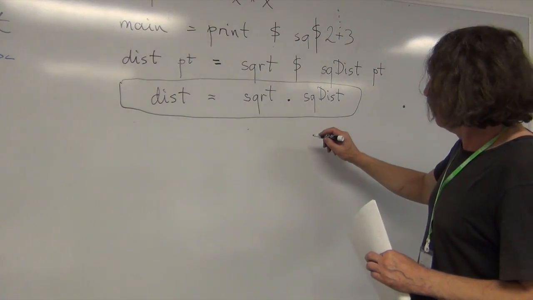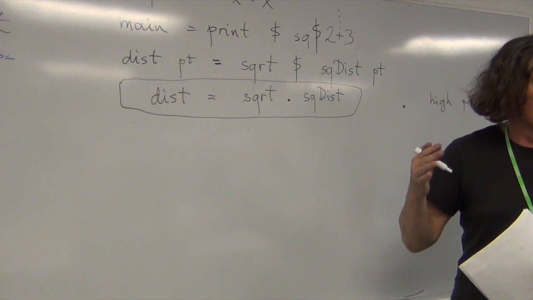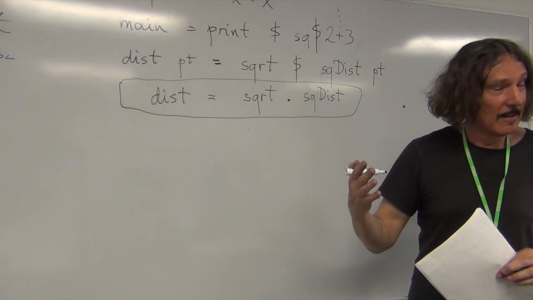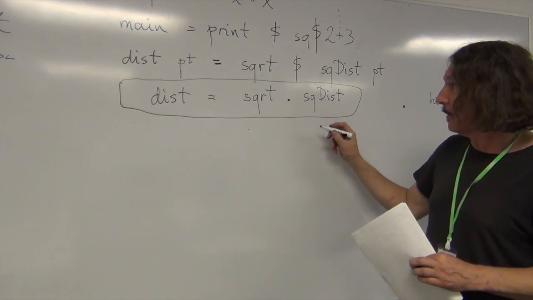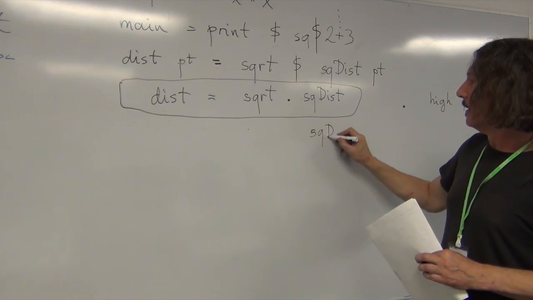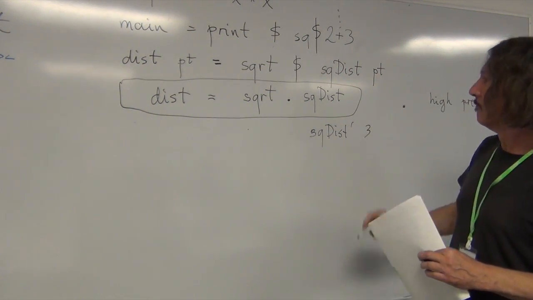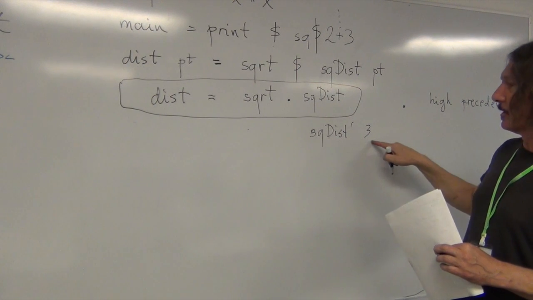Okay. The opposite. Well, but what's the argument there? Is it a function application? Then the function application will definitely bind stronger. So if you said here SQ dist prime of some 3, let's say, that would still give you a function.